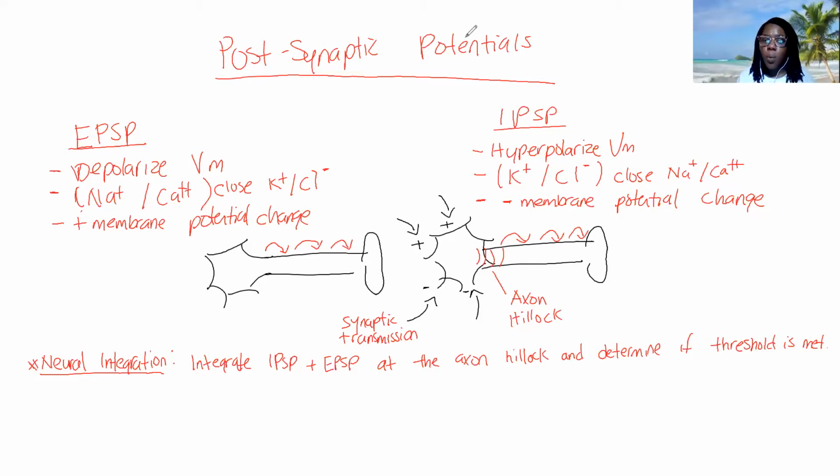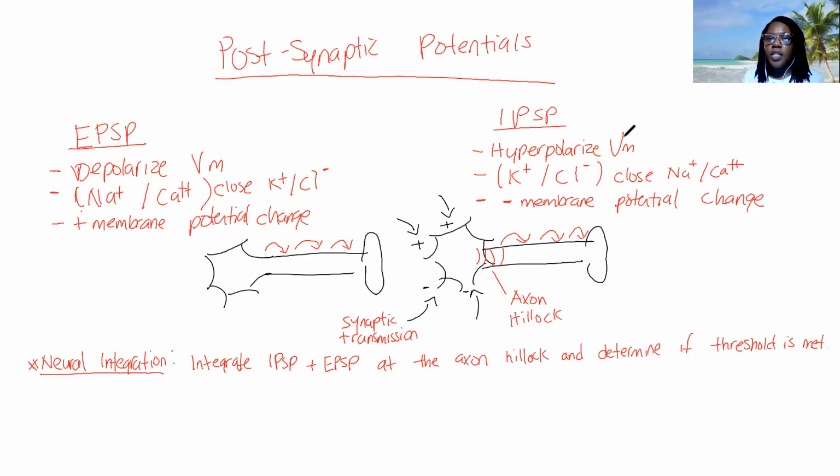There are times when we want it to be harder to fire an action potential. For example, when we want the heart to relax, or we want to slow down the heart rate, right? We want to make it harder to fire an action potential, harder to speed up the conduction of the heart. And so there are instances when that will be a favorable outcome, if you will, okay?